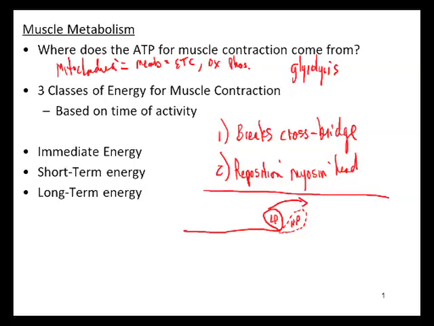Now there's another function of ATP, not related to cross-bridge cycling, but important for the relaxation process. What was that? Those calcium pumps that pump the calcium from the sarcoplasm back into the sarcoplasmic reticulum. We're not going to concern ourselves with that so much. We're more concerned about the ATP that's necessary for the breaking of the cross-bridge and repositioning of those myosin heads.